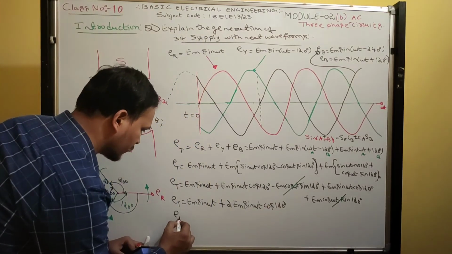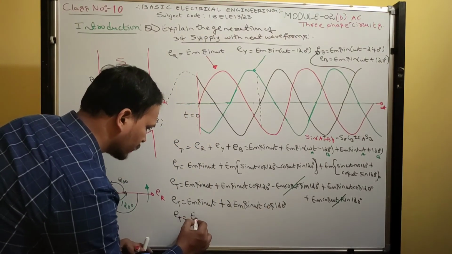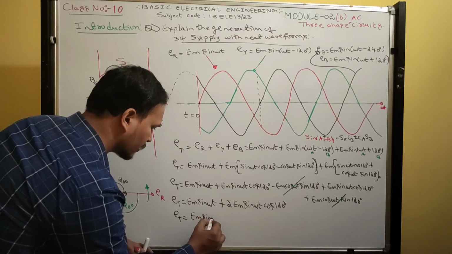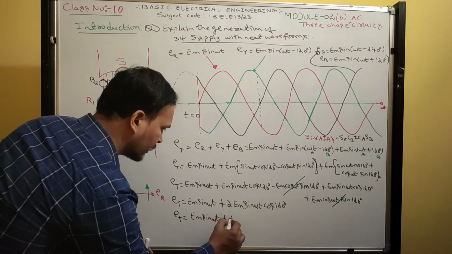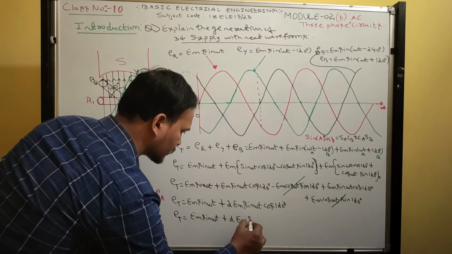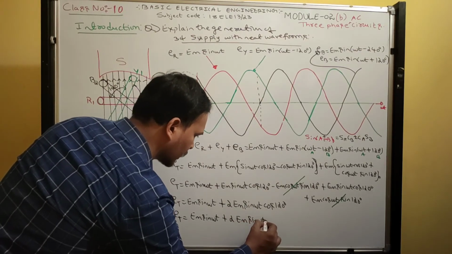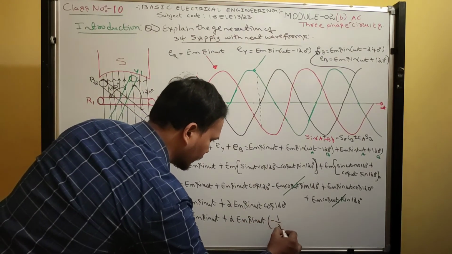Now what is the cos 120 value? Cos 120 is minus 1 by 2.